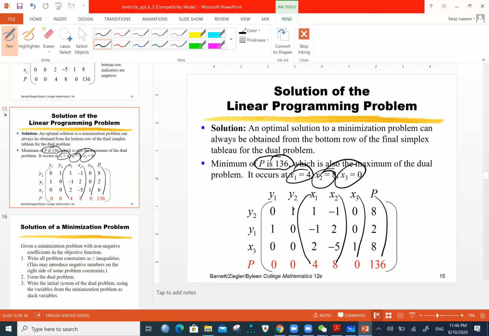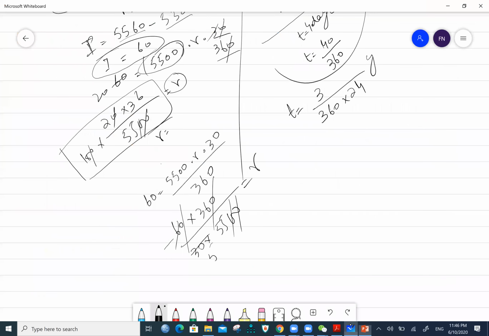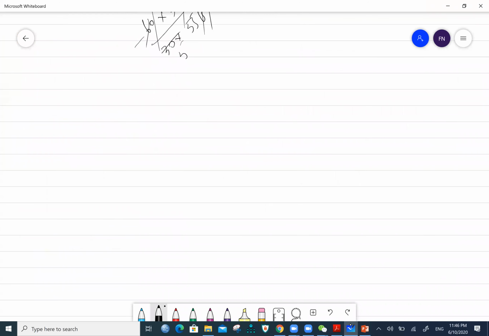But there's no solution if it's negative in the x1, x2, x3 columns, right? For example, you have a matrix like this. This is your bottom row: -5, -10, 3, 4, 0, 0, and 1.